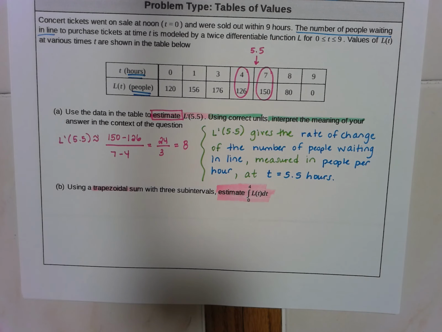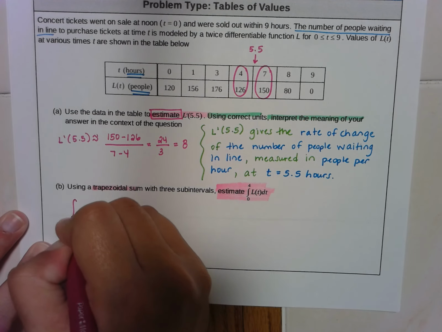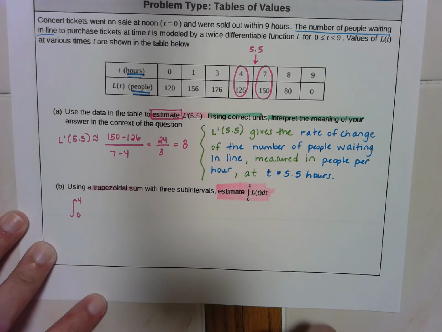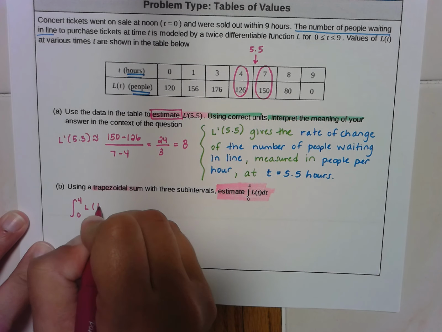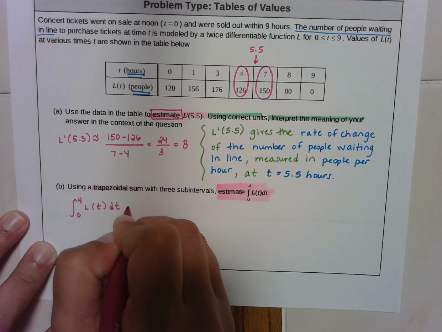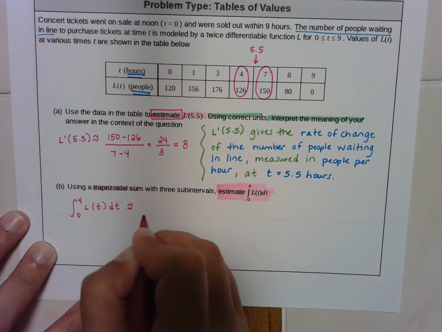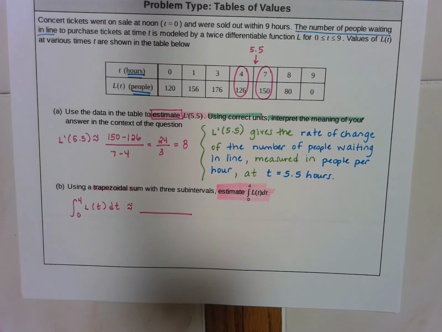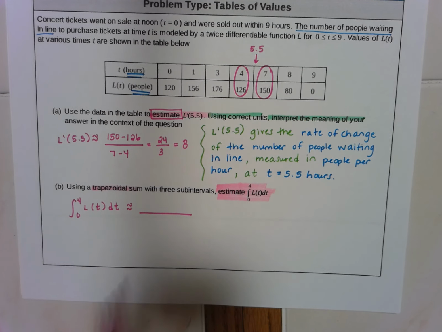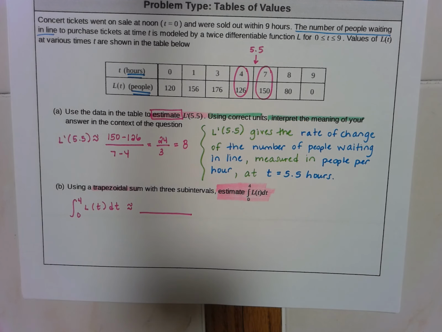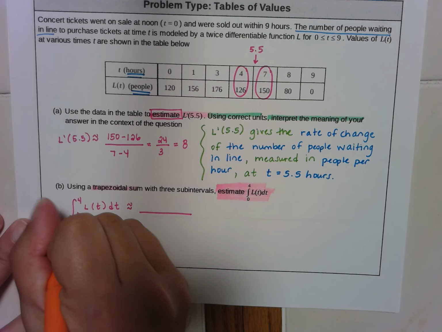Now what this means is that at the end of the problem, I want to be able to say that the integral from 0 to 4 of L of t dt is approximately something. Now I'm going to do the work to do those computations below here. I'm not going to put it equal to here, I'm not going to put it as part of this answer. I'm going to show my work in a separate place. So the work is going to be this.